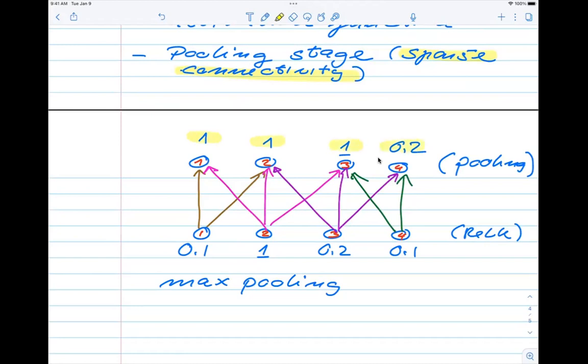And what you can do next is also to downsample the number of nodes, because we have 3 nodes now which just output 1, and there is no point in keeping the information from these 3 nodes. We can just keep 1. So max pooling is often followed by something which is called downsampling.